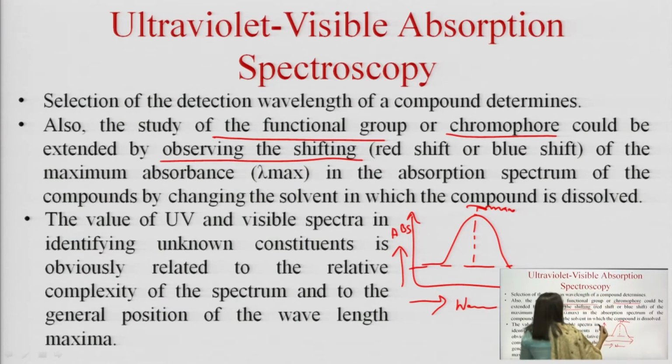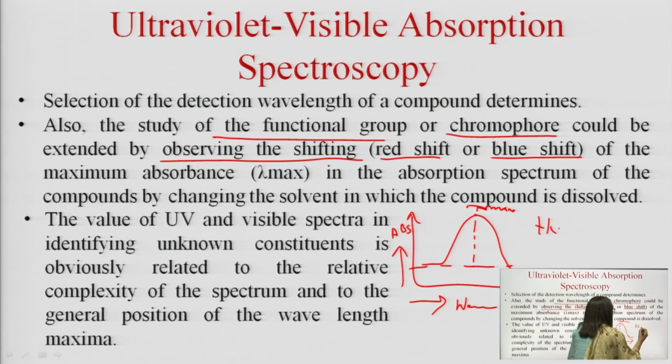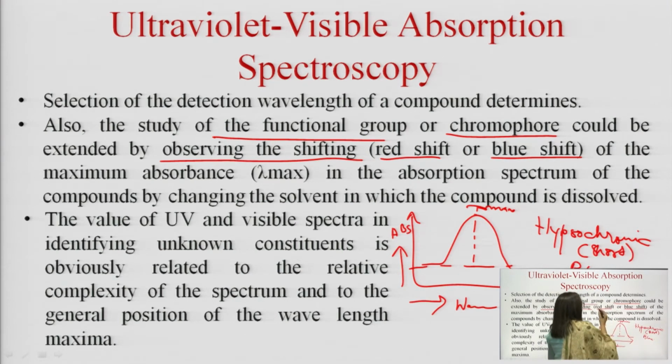So, any shift to the blue side suggests that the wavelength has shortened, and it is termed as hypsochromic shift. Short and blue. On the other hand, red shifting is bathochromic shift.